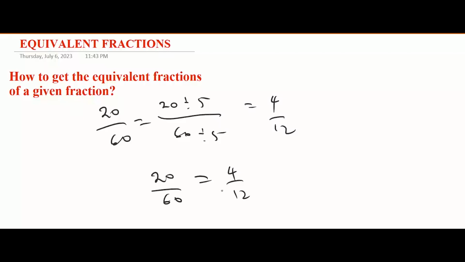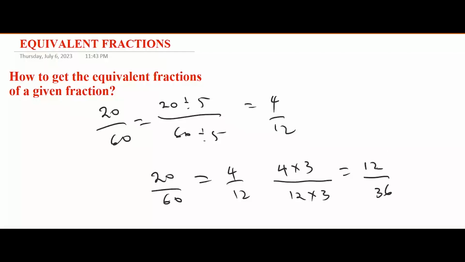Also, you could multiply 4 and 12 by the same number to get another equivalent fraction. Let's say 3. That is 4 times 3 all over 12 times 3. This will give us 4 times 3, 12, and 12 times 3, 36.